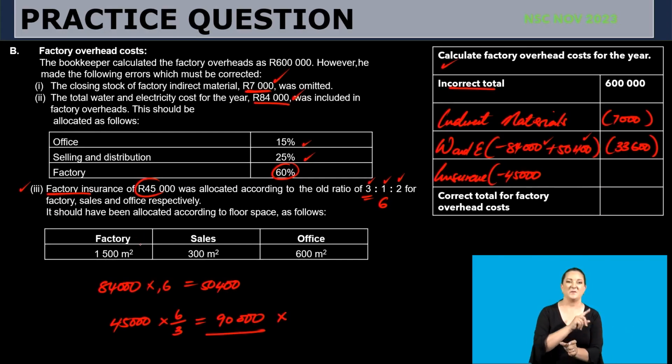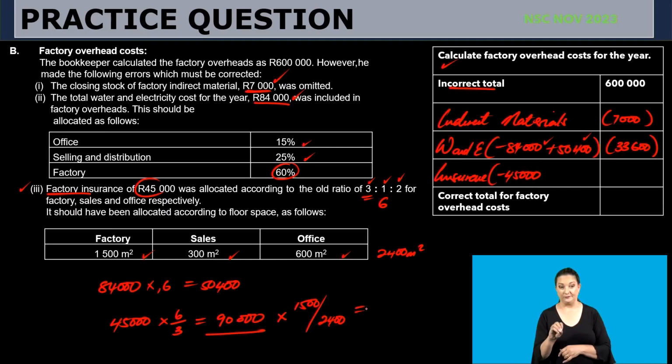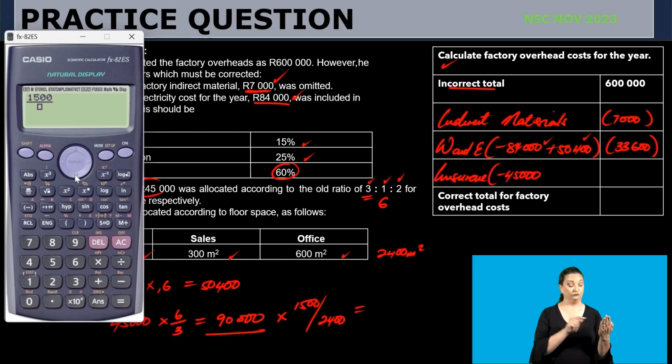The factory 1.5, sales 300, and office 600. So if I add all of these ones, I'll end up now with 2,400 square meters. And I know that my factory is taking 1.5 of the 2.4 square meters. And then when I punch that in the calculator, I will get an amount that is, let's do it together. We will now say 1,500 over 2,400.